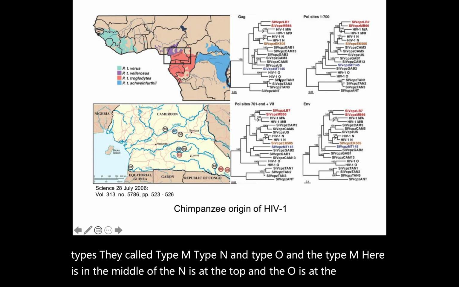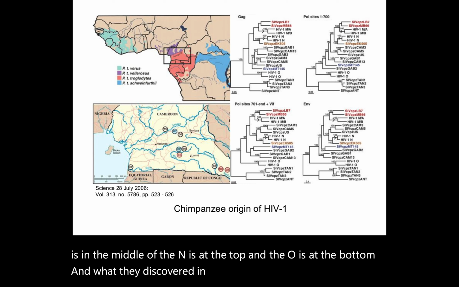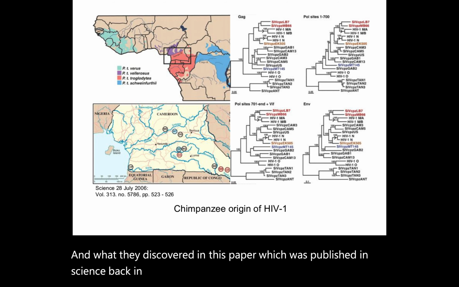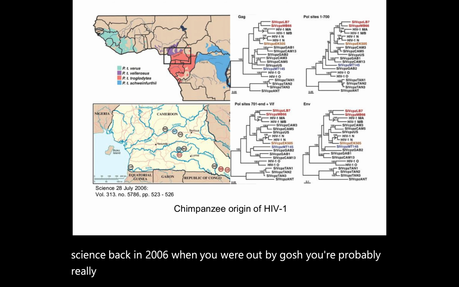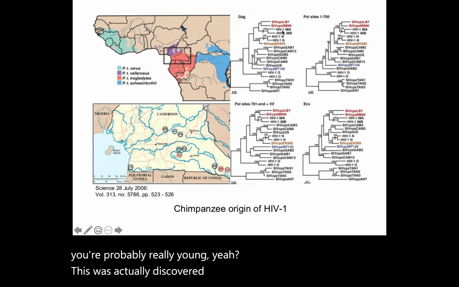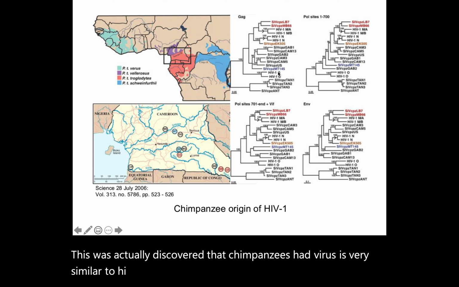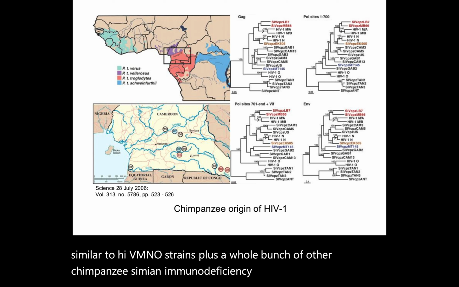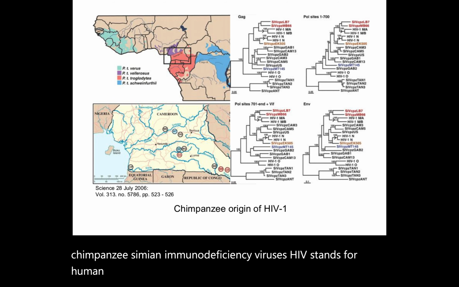And what they discovered in this paper, which was published in Science back in 2006, when you were, oh my gosh, you were probably really young, was that chimpanzees had viruses very similar to HIV M, N, and O strains, plus a whole bunch of other chimpanzee simian immunodeficiency viruses. HIV stands for human immunodeficiency virus.